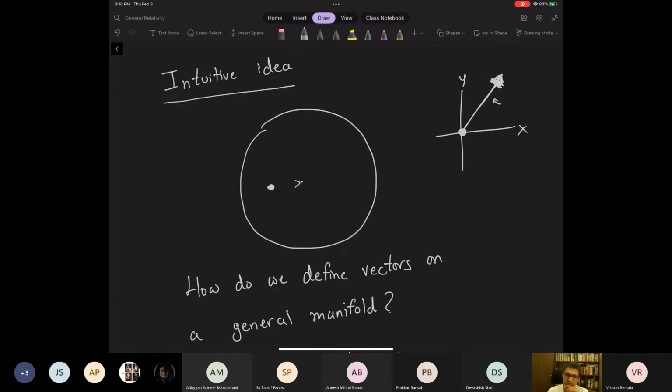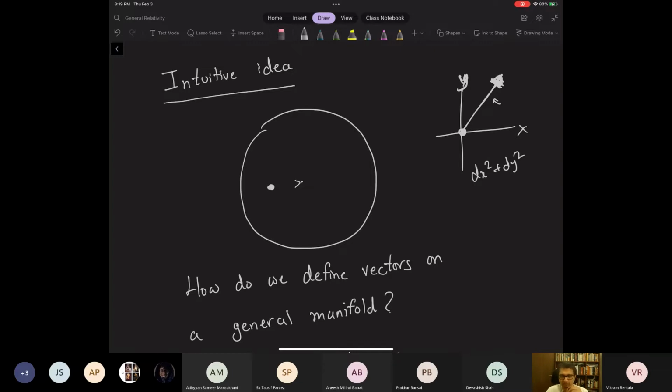For example, if I use x and y and you use a different set of coordinates, you might get a different distance. We've not even defined a distance measure between 2 points. When we're thinking of Euclidean space, we're thinking of a distance measure as dx squared plus dy squared, the distance between (x, y) and (x plus dx, y plus dy).